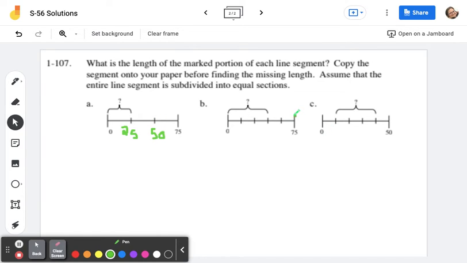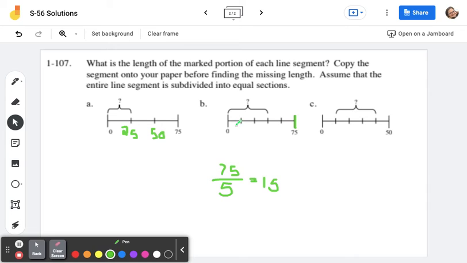So next we say, okay, the total is 75. We're dividing it up into 1, 2, 3, 4, 5 parts. So what is 75 divided by 5? I know that 75 divided by 5 is going to give me 15 in each section.